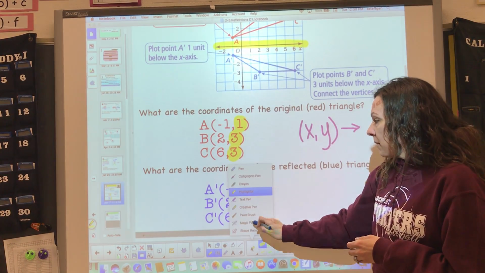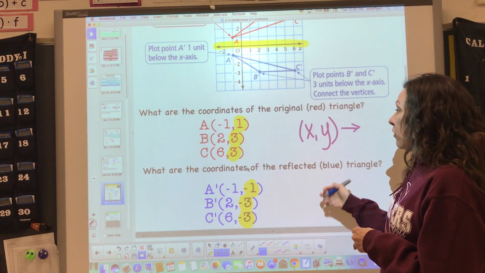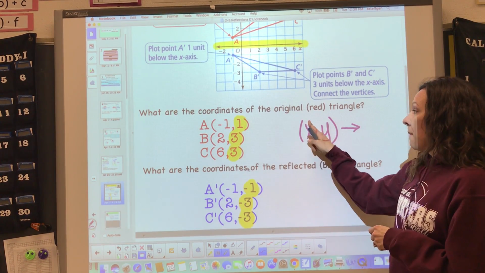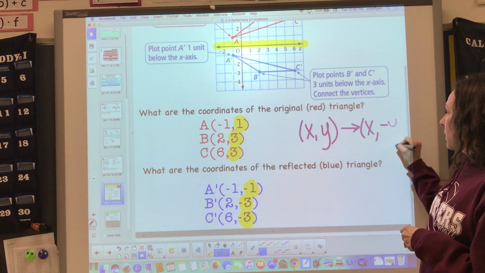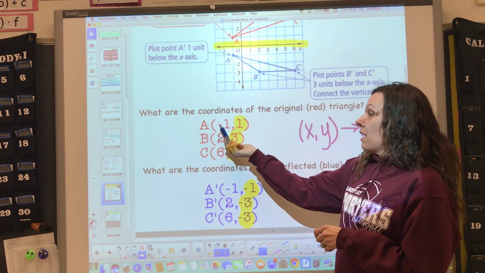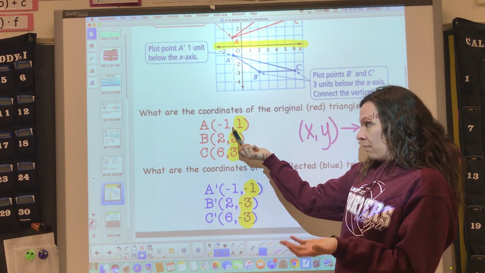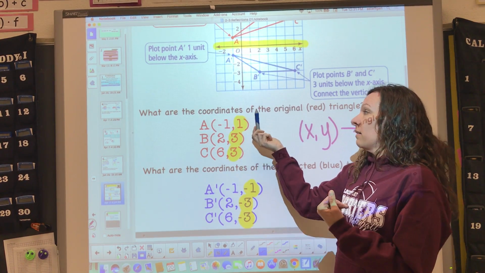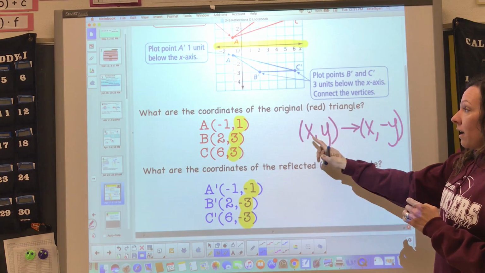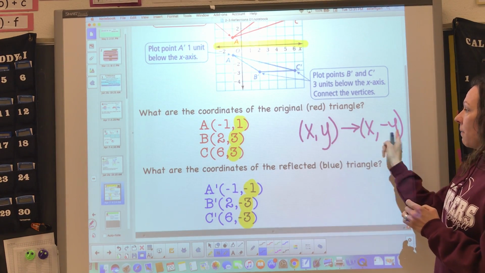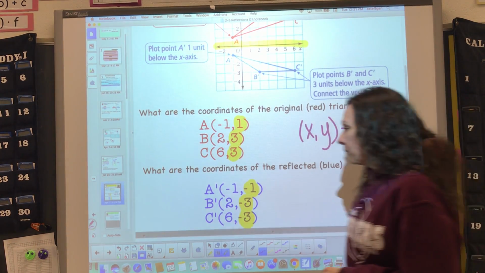My y's become the opposite. So if I flip it over the x-axis, my x stays the same, and my y becomes the opposite. So if this happened to be -1, -1, my new point would be -1, 1. It becomes the opposite. So flipping over the x-axis, x stays the same, y becomes the opposite.